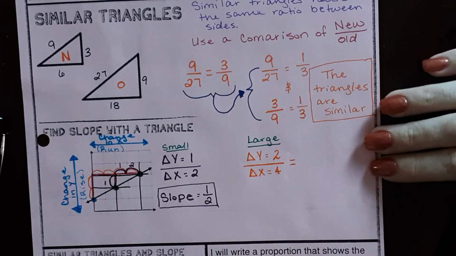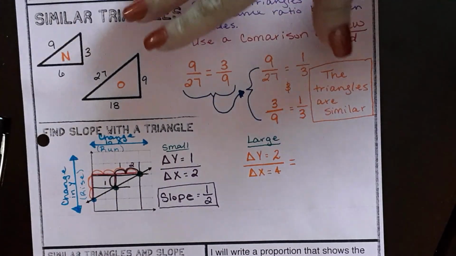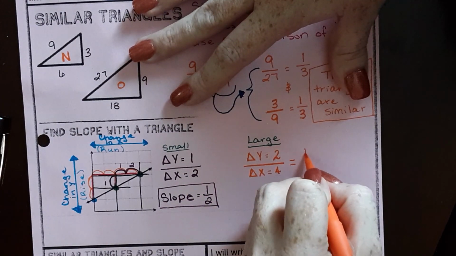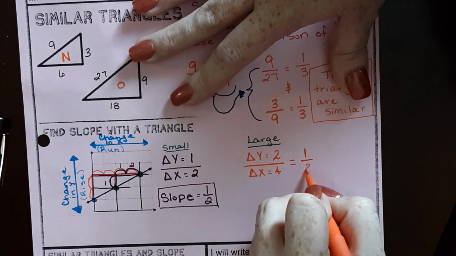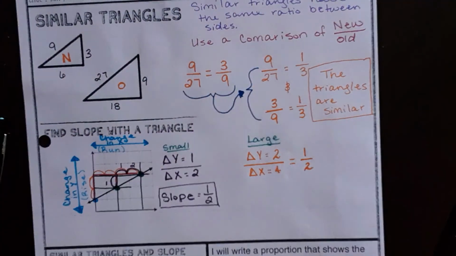With your experience with fractions from the previous years, you know that you can reduce 2 over 4 by a value of 2. So this reduces down to a slope of 1 over 2.